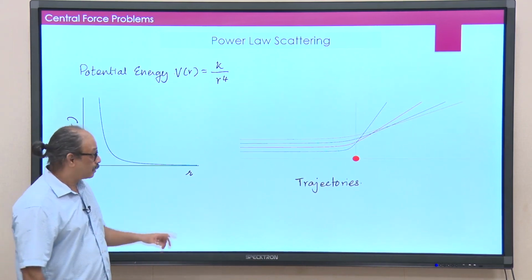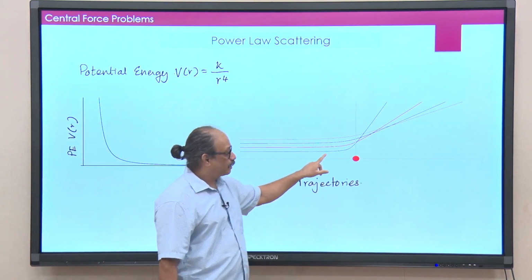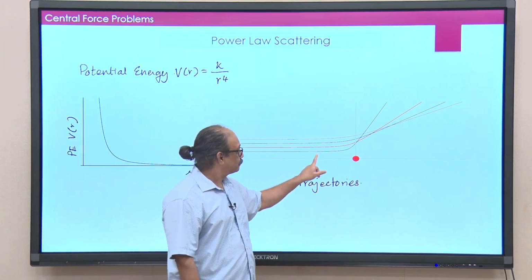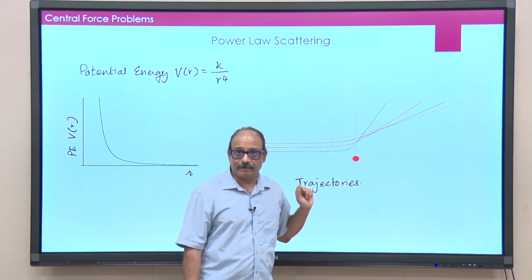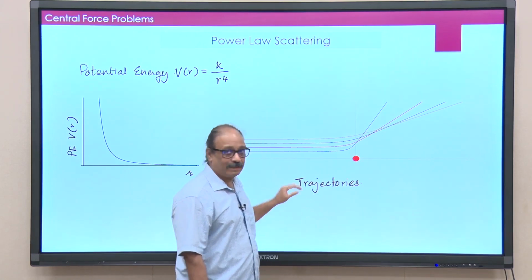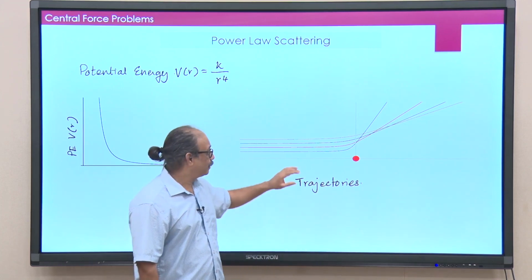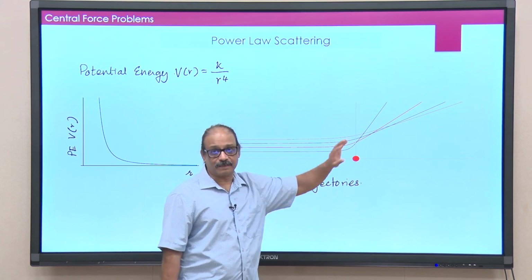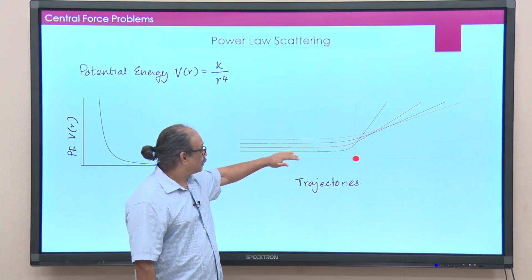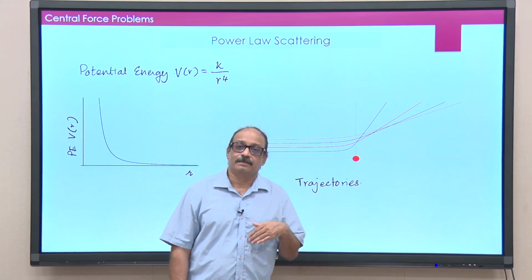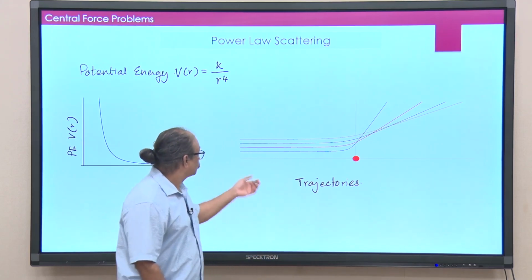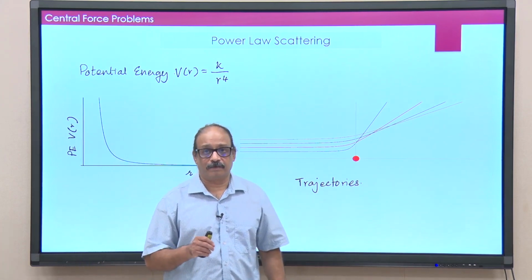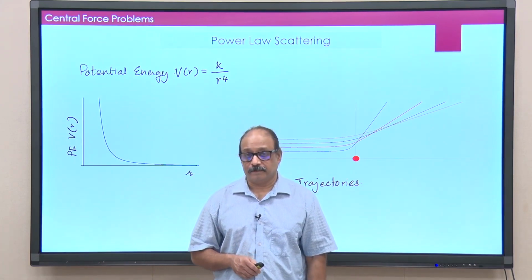Exactly same kind of trajectories, though in case of inverse square law 1 over r potential, these were hyperbolas. Now, they may not be hyperbolas, but the trajectory has a qualitative feature which is similar to the inverse square law. The particle comes closer and gets deflected, and larger is the impact parameter, smaller is the deflection. Okay. So, this is for the repulsive 1 over r to the power 4 potential scattering.